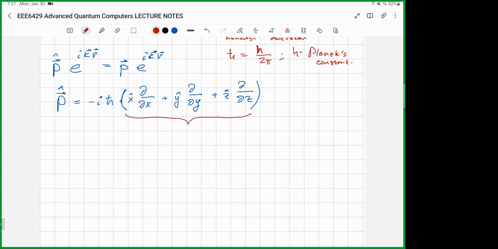Some of you who attended my lectures on electrodynamics probably recognize this operator as the nabla operator, where x hat, y hat, z hat are unit vectors.